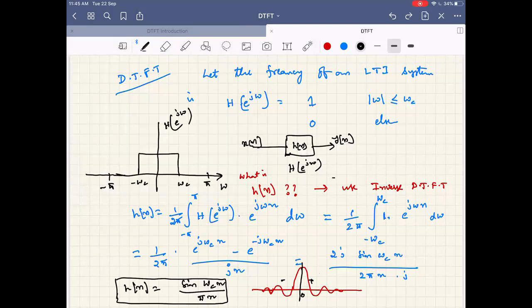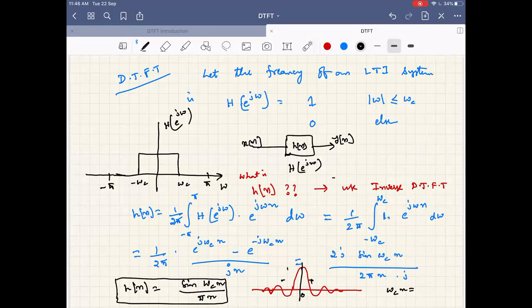I will try to write explicitly. When will this become 0 first? At n equal to 0, what happens? Sine 0 by 0 form, so its magnitude will be roughly 1, and since pi is there, 1 by pi will be its magnitude.